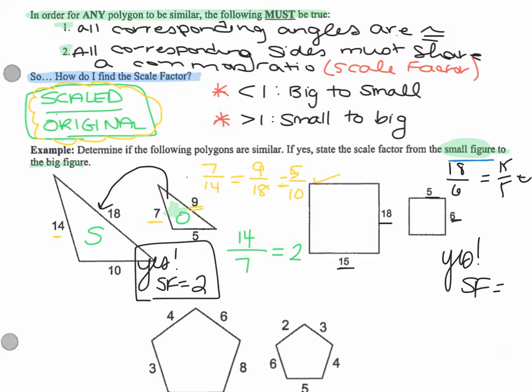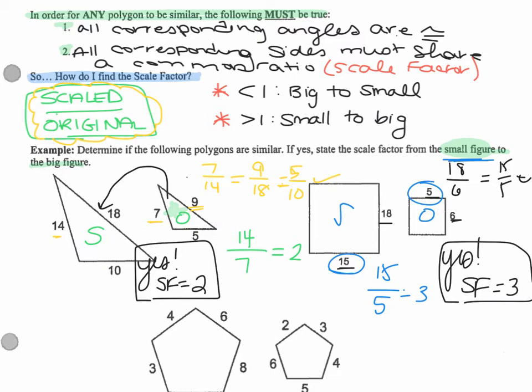So my small figure is still my original, which means my big figure, since I'm starting at the small and going to the big, is my scaled. So now I just pick any side: 15 over the original, 15 corresponds with 5, that equals 3, so my scale factor is 3.